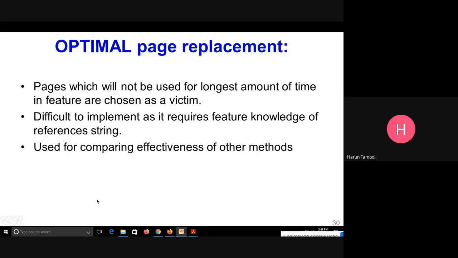In this algorithm, the pages which are not going to be used for the longest amount of time in the future are chosen as the victim. The pages which are not going to be used for the longest time in the future are selected for replacement.